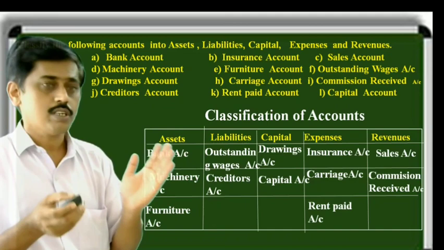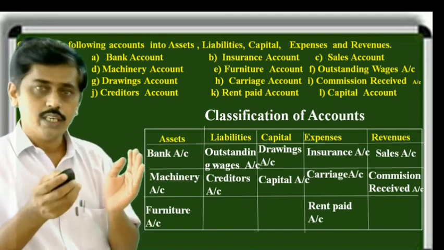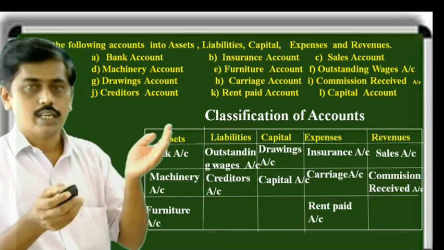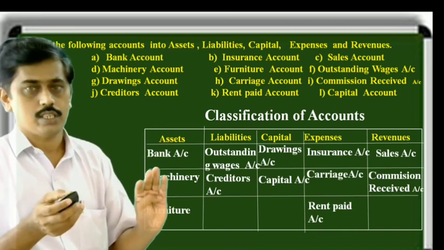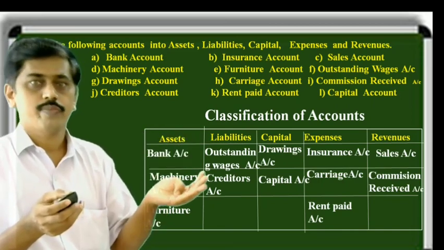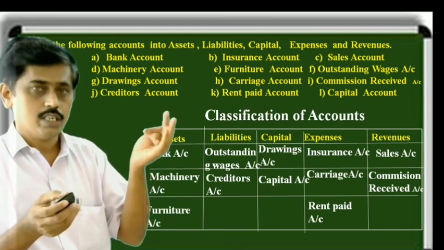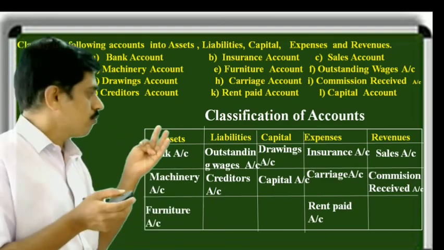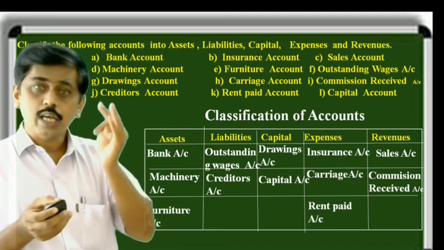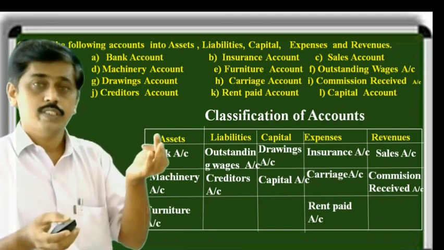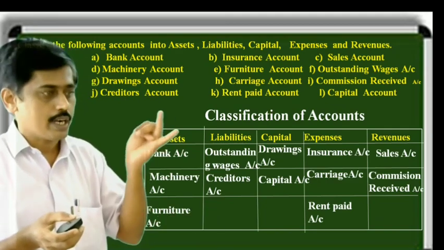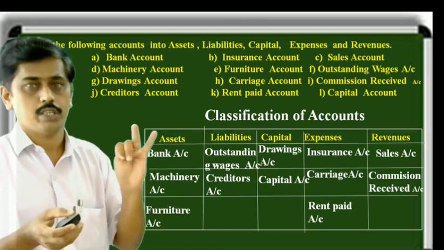For assets account, debit increase in assets and credit decrease in asset. For liabilities, debit decrease in liability, credit increase in liability. For capital, debit decrease in capital, credit increase in capital.